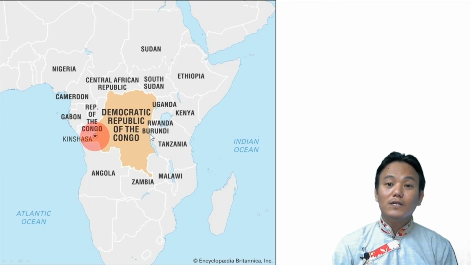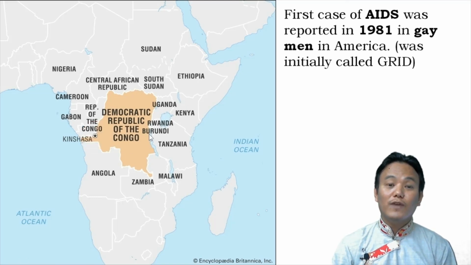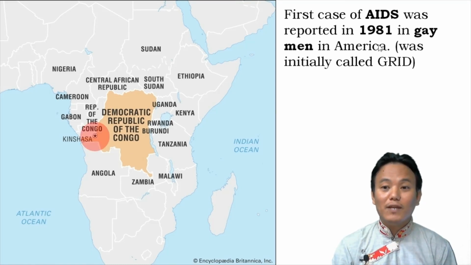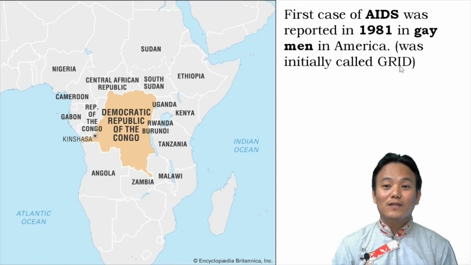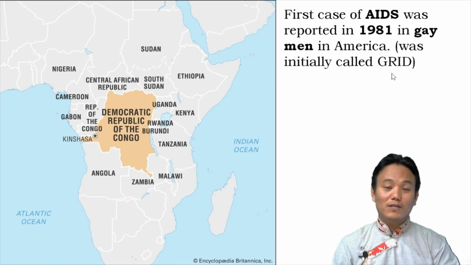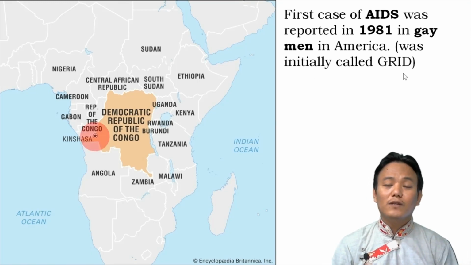But the first case of AIDS was reported in 1981 in gay men in America, and therefore it was initially called GRID, which stands for gay-related immunodeficiency disease. Later on, this disease spread all over the world, irrespective of sexual orientation, and the name was changed from GRID to AIDS.